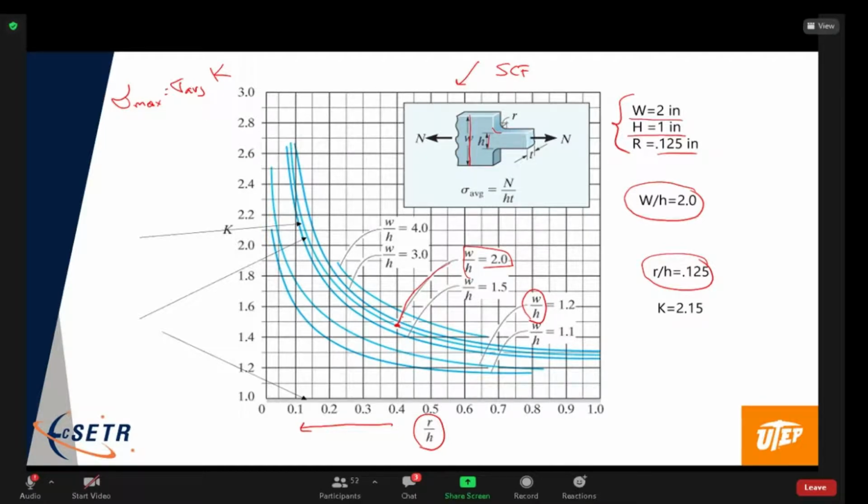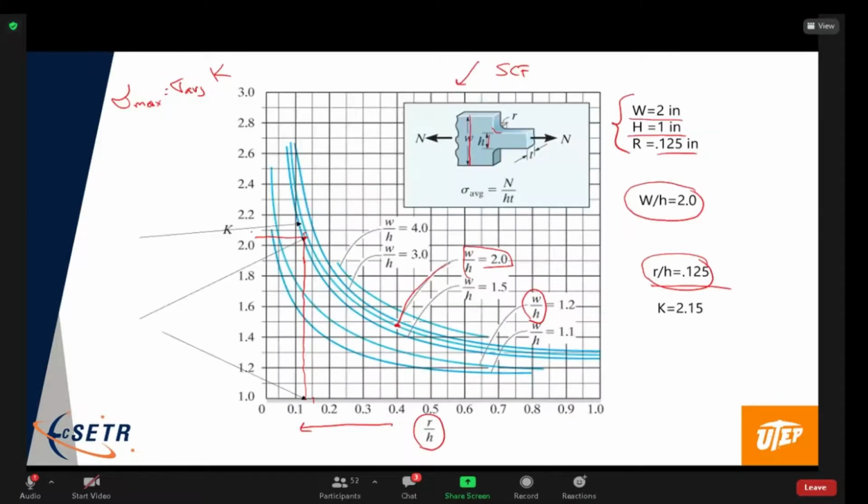And now we want to find that curve where we get R over H equal to 1/8. So that's going to be, this is 0.15. So this is about 0.125. So we're going to take that up till it hits this curve here. So that puts me about there. And that's going to run me out to a stress concentration factor of about 2.05.